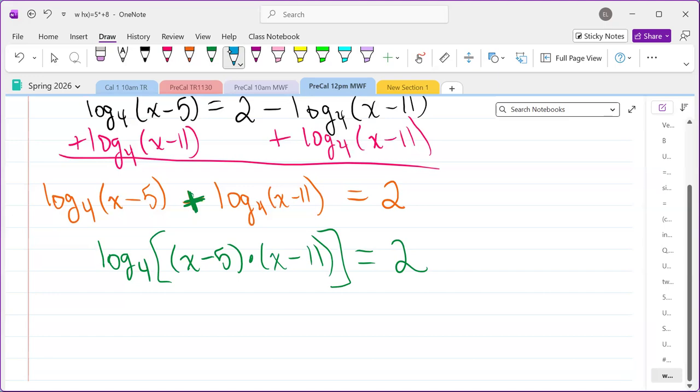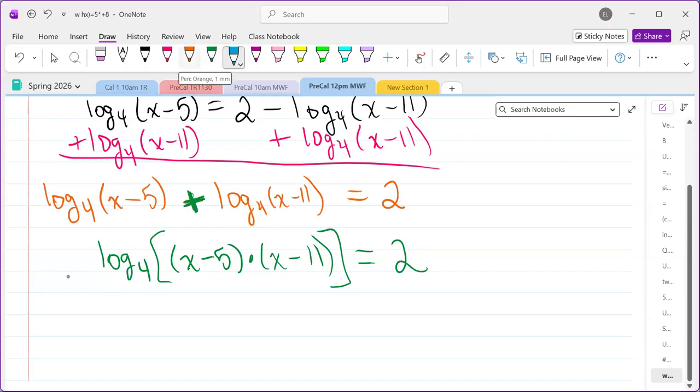Now that I have a single logarithm, I can get rid of the logarithm. So what undoes log base 4? How do I get rid of that log? Exponential. Yep, we're going to convert to exponential.